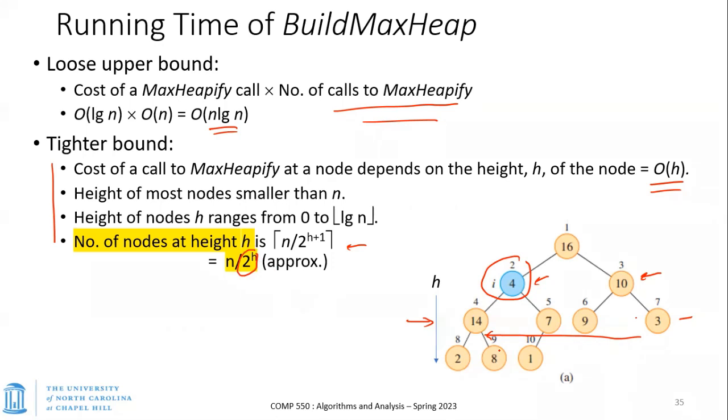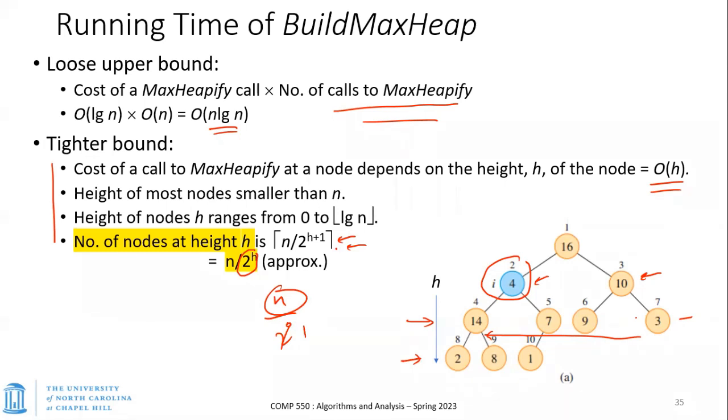You can verify that when you have height 0: n divided by 2 to the power 0, which is 1, means you're doing it approximately n times. This is an approximate expression, because dealing with all of these floors and ceilings doesn't really help; it just complicates the solution.